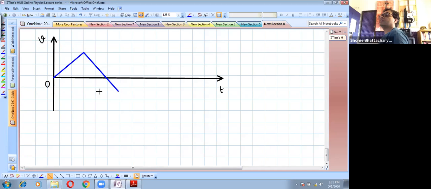What is now specifically given is that the value of this velocity is minus 10, and the value of this peak velocity is plus 20.